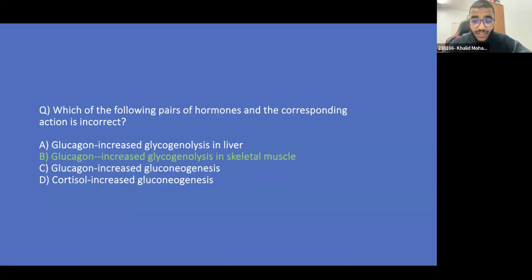So if I tell you that insulin affects the brain, it doesn't, because the brain is not insulin dependent. Right? Even if I say it increases glucose uptake, yes, it does increase glucose uptake, but in the brain is wrong. You need to know which tissues the hormone acts on. Glucagon affects the liver mainly. Okay, it does not have an effect on skeletal muscles, has an effect on liver mainly.